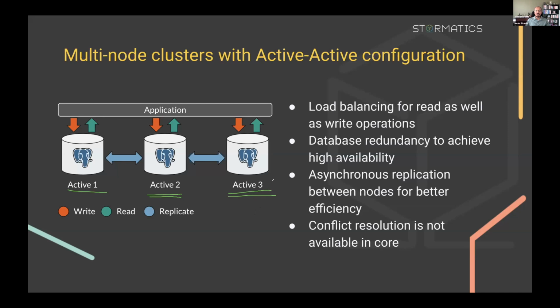So any changes in the APAC data, while they get replicated to active 2 as well, will not conflict with any changes in active 2 because the application is only making changes to the EMEA data in active 2. And they, in turn, will not conflict with active 1 because the application is making only changes to data of the Americas in active 1.